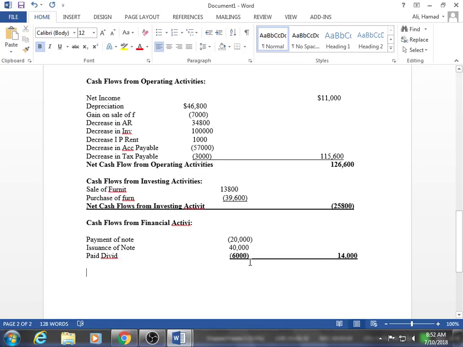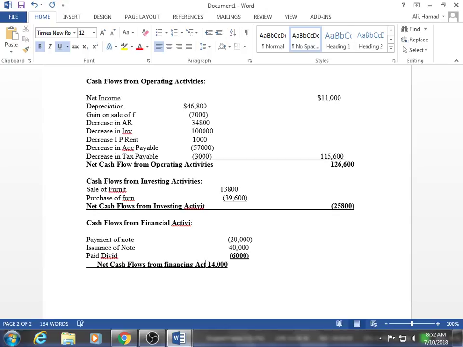What I usually do, let me put this one in the bottom, and I call it net cash flows from financing activities, and I pull that up to here.